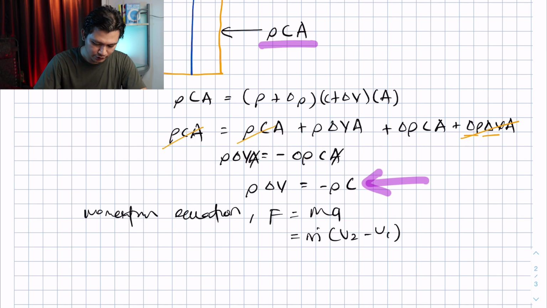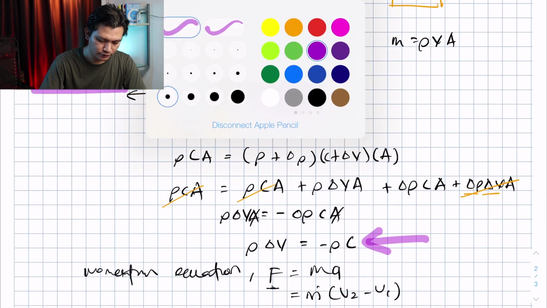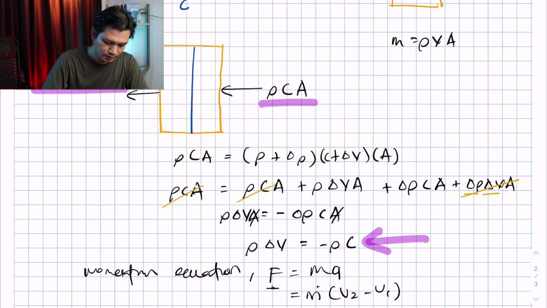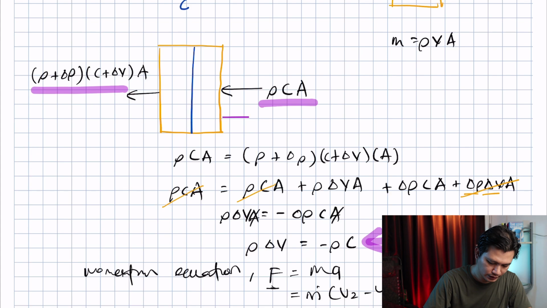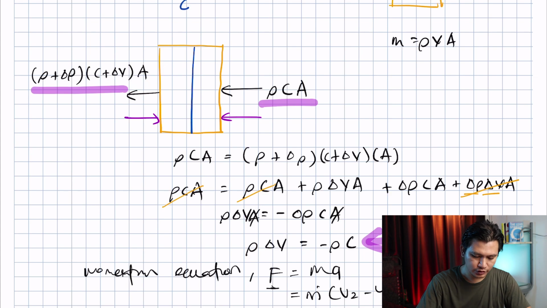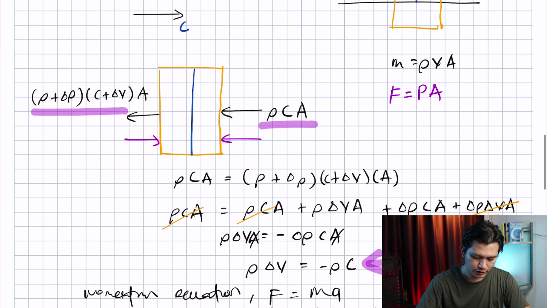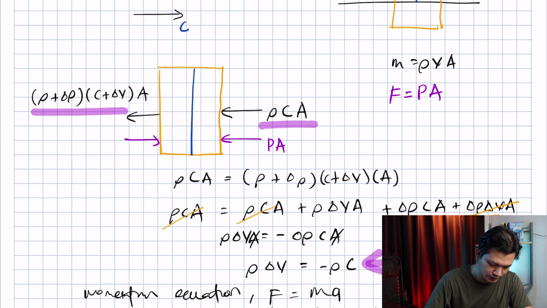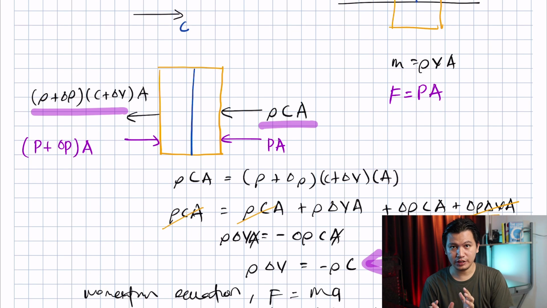What are the forces inside this control volume? Remember, the pressure force always goes in. Force is equal to pressure times area. So for this term, it is simply pressure times area. But for the term on the left, this is pressure plus delta P times area. Remember the pressure has changed from before to after the wave.